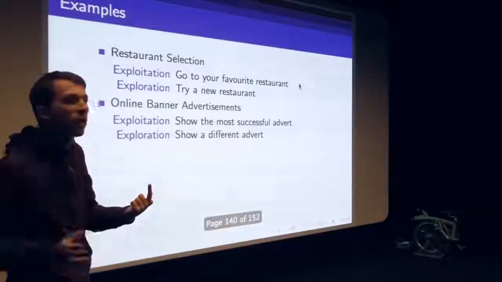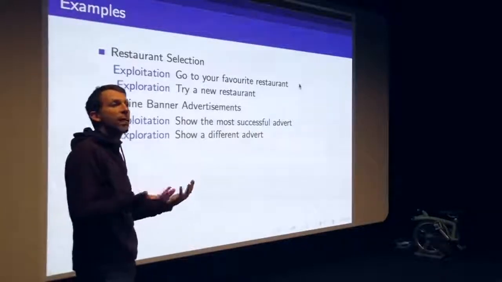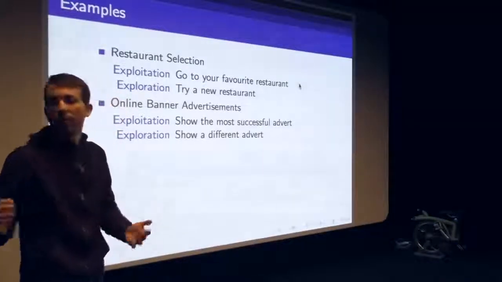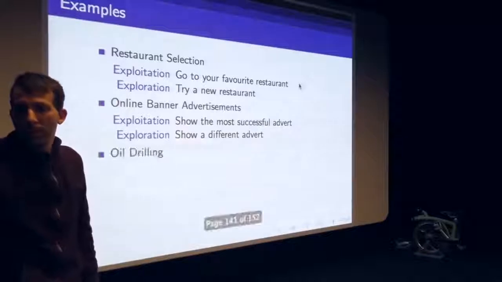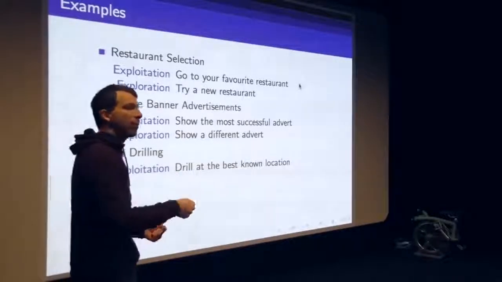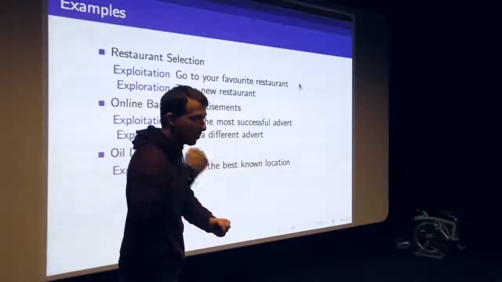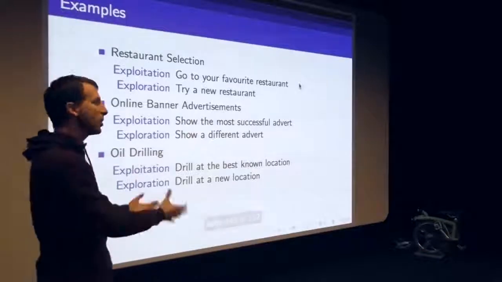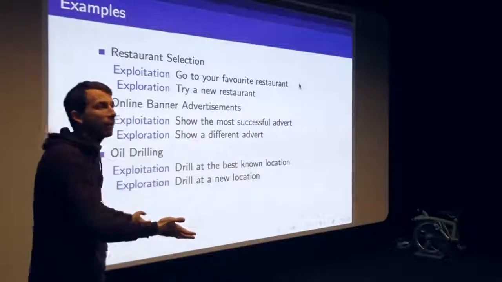But sometimes you also need to explore and show some different adverts that haven't been displayed before to see if people will click on them. And maybe those adverts will turn out to be better and make more income. Or oil drilling: you might want to drill at the best known location, so you know that there's likely to be oil over here, so maybe you just keep drilling and drilling and drilling. But sometimes it might be a good idea to try some new location, drill down a bit, see if there's oil there.